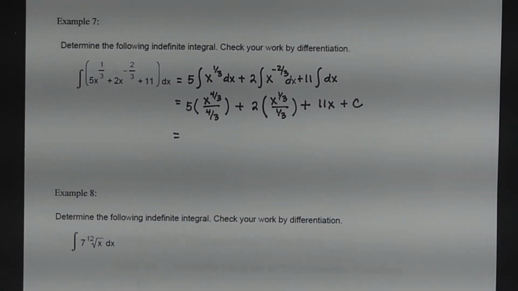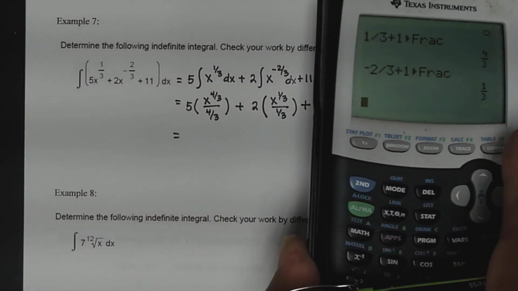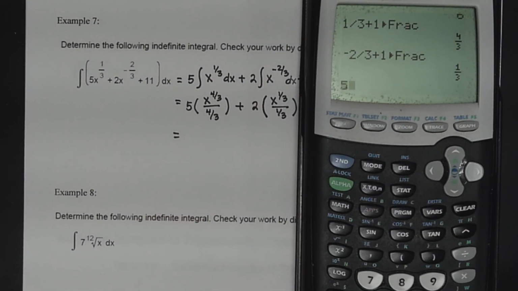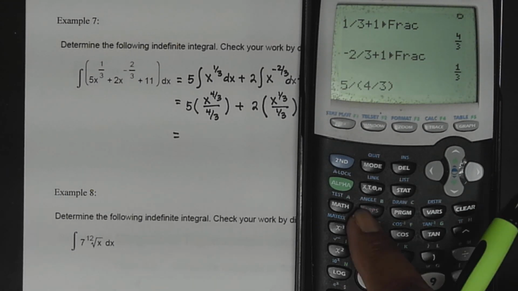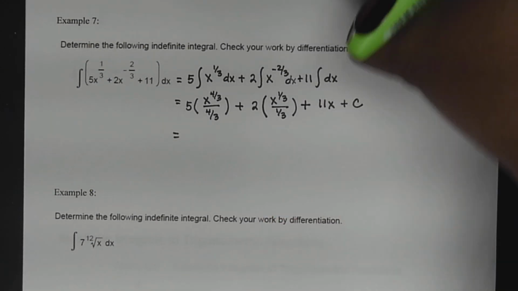All right, so now let's simplify this a bit. If I do 5 divided by 4/3, I can do that in the calculator. 5 divided by, and then in parentheses, 4 divided by 3. And then I'm going to do the math key, and then number 1 for fraction. This will give you 15/4.